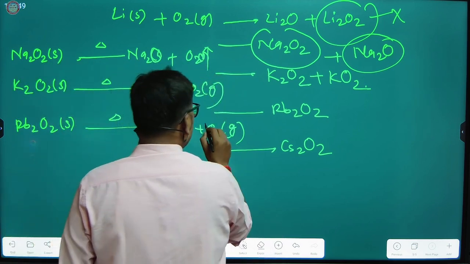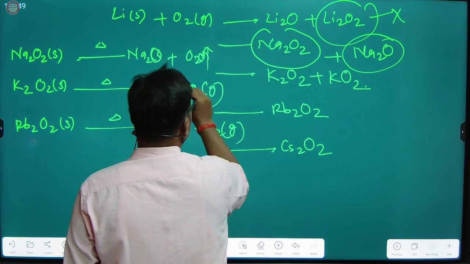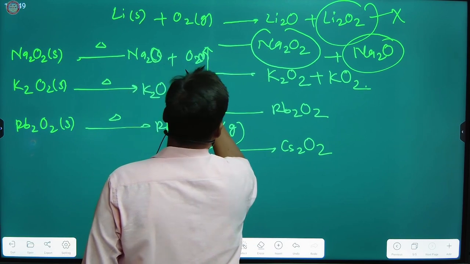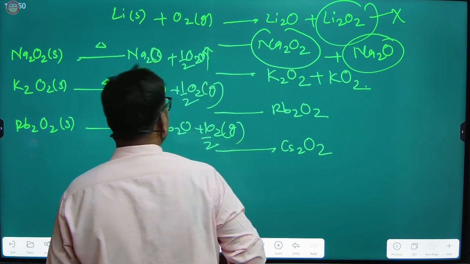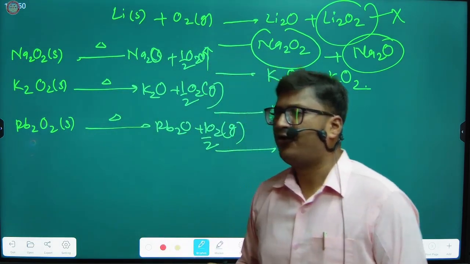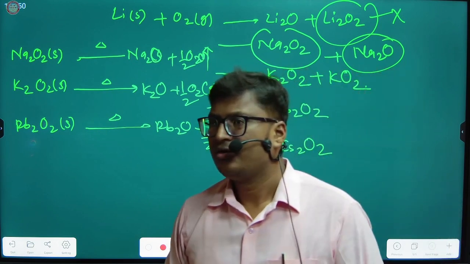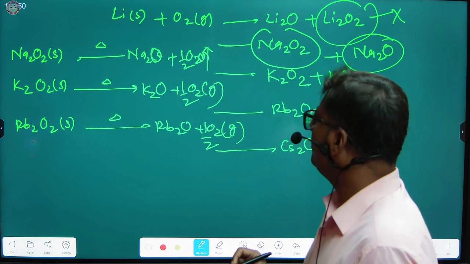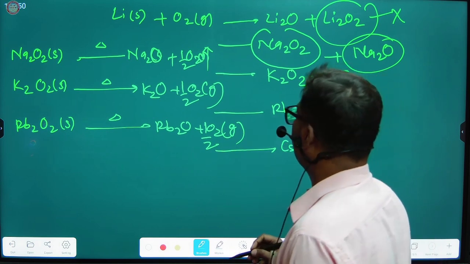You can say this is half, and this is also half, and this is also half. So what is the probability of formation of monoxide from other alkali metal peroxides?